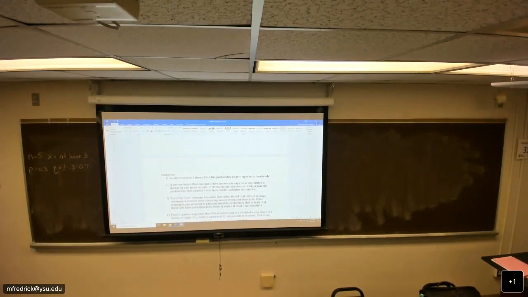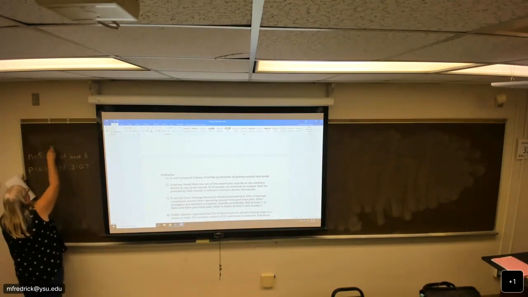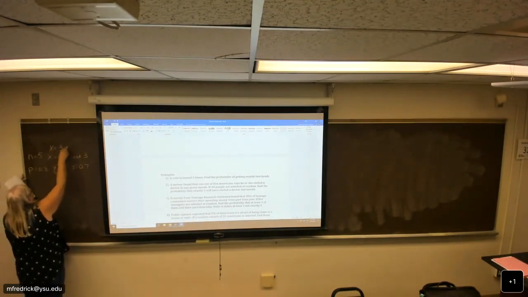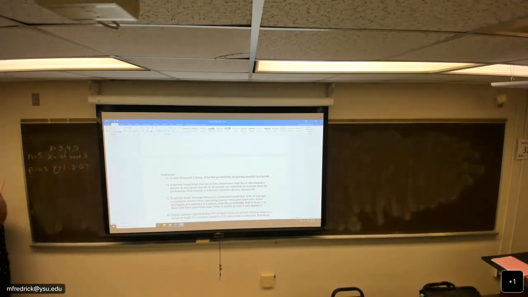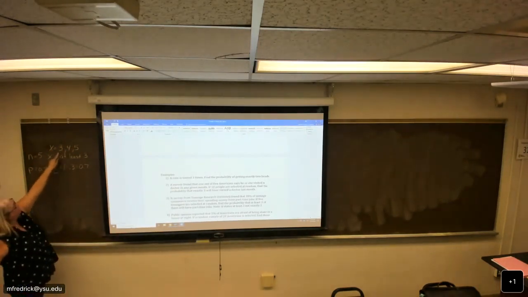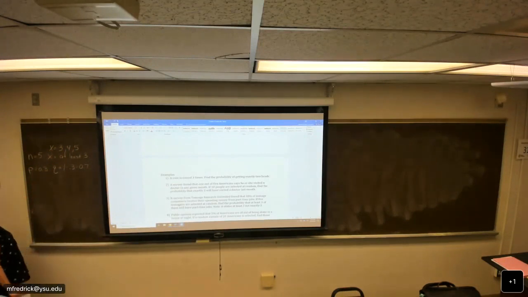We want at least 3, which means 3 or more. So we have to find this for X equals 3, 4, and 5, because there's up to 5. Can't have more than 5 because you're only asking 5 people. So at least 3 means we have to find 3, 4, and 5. So you have to find the probability of 3, the probability of 4, the probability of 5, and add them together.